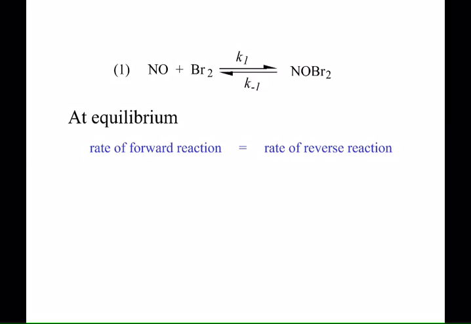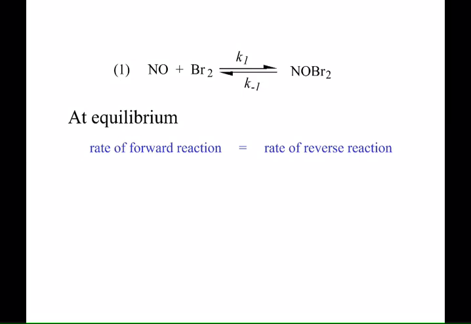It looks like a mess, but this says that the rate in the forward direction is equal to the rate in the reverse direction. That made my life a lot easier. So k1 times the molar concentration of NO times the molar concentration of Br2 is equal to k-1 times the molar concentration of NOBr2. Does that work for you? I think it works for me. That's the definition of what equilibrium means. The rates are equal.